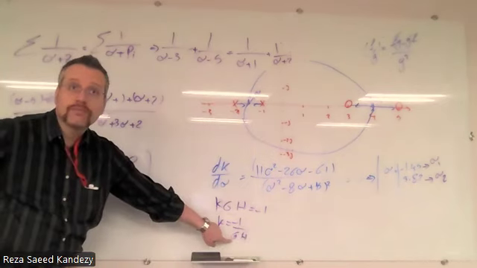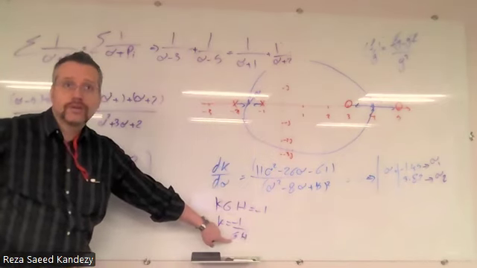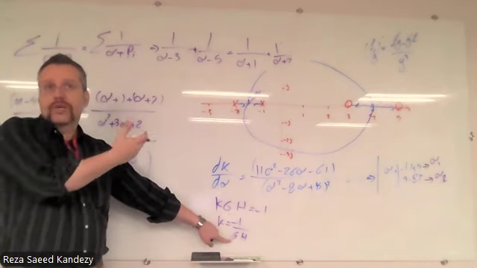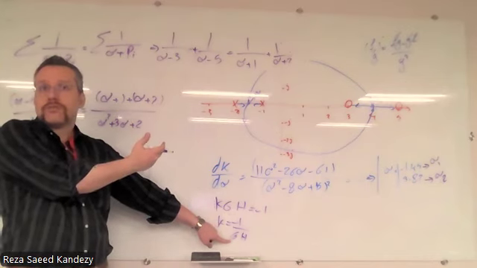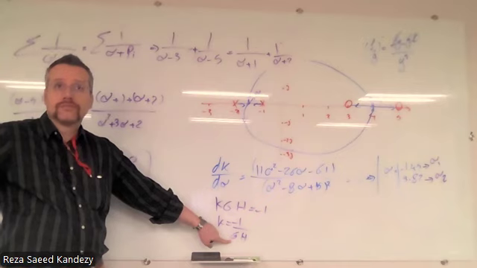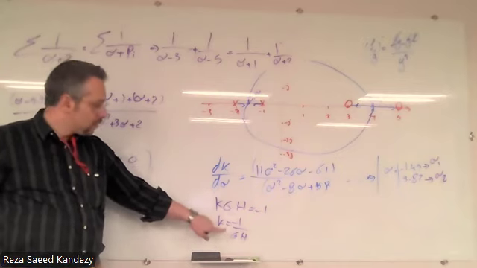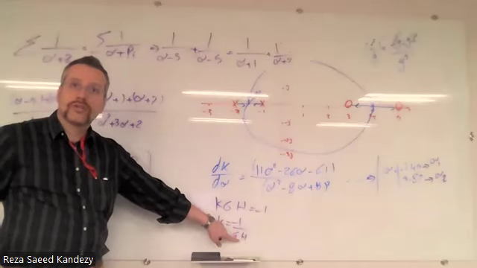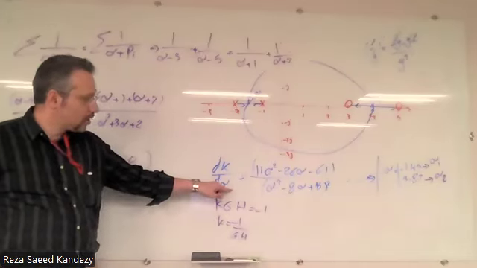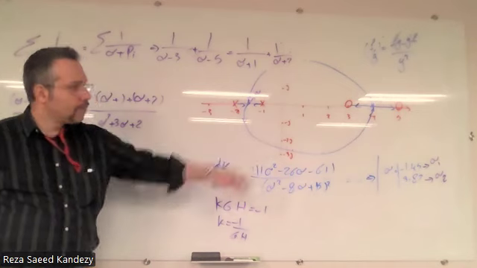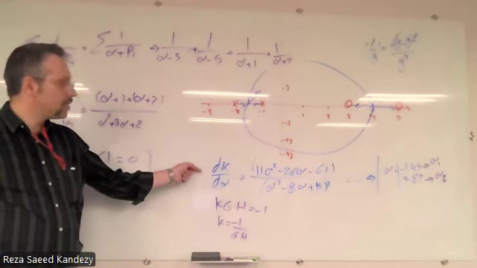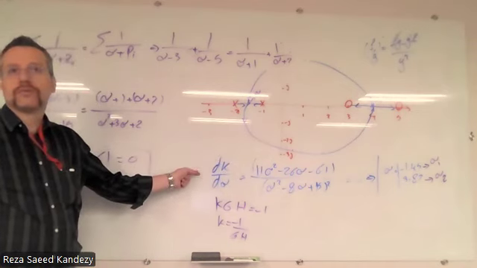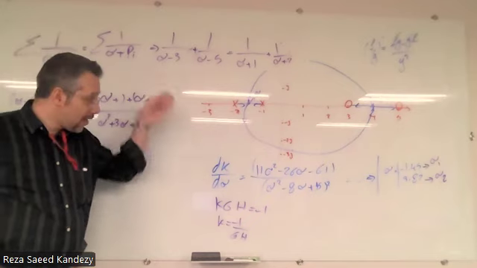This is a function of the s's. You can replace the s's with the delta. We want to find delta, which is one of the s's. Are we good? So now you have k as a function of those deltas. We took a derivative. We solved for the deltas that make the derivative equal to 0.